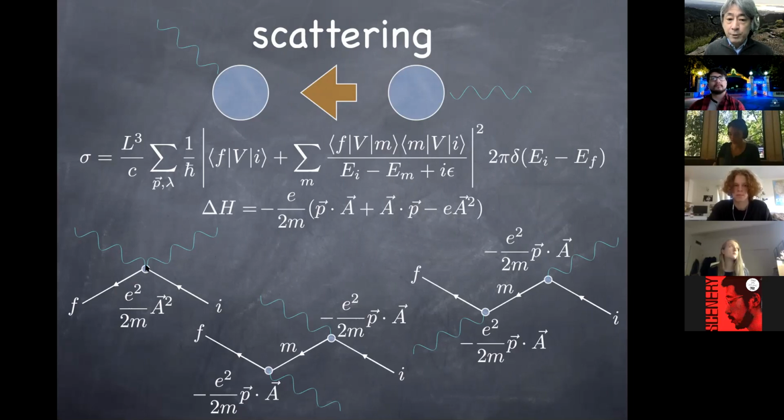So this blob can be used in 3 different ways. And this blob of p dot A can be used either when the electron comes in and emits a photon, or the electron comes in and absorbs a photon. So you can use it in 2 different ways. And the minute you know that, then you can glue these together to come up with these diagrams.